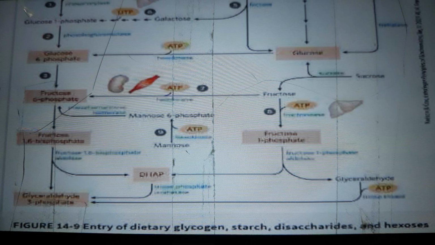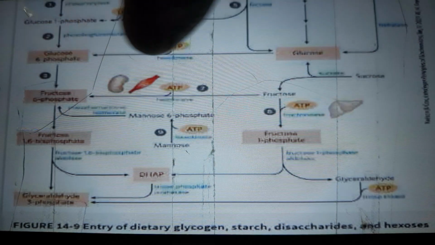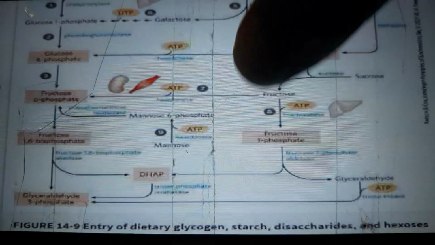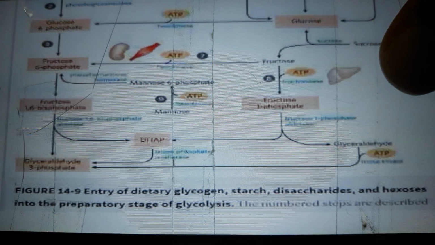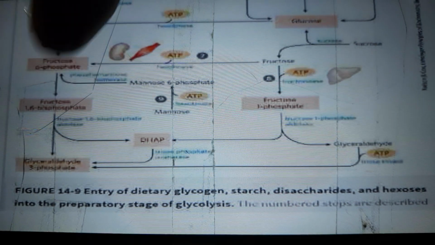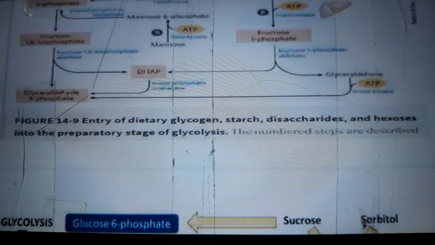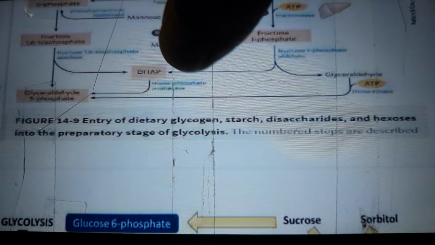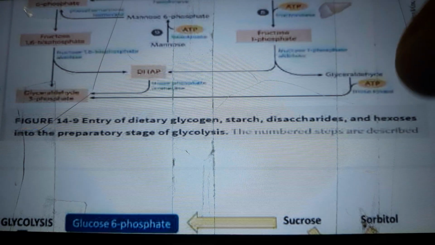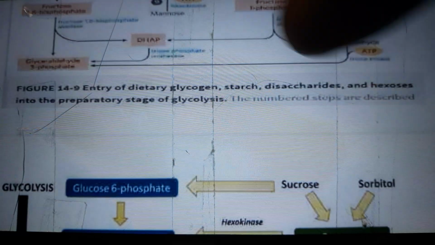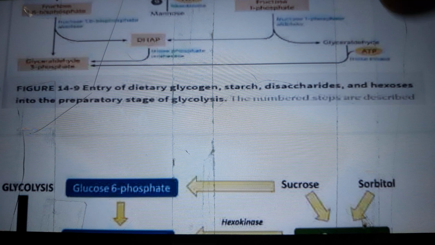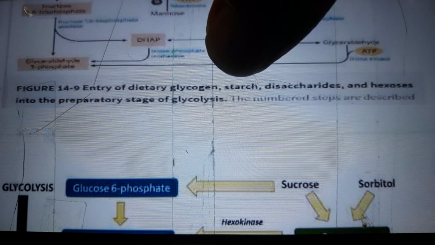Then going to fructose 6-phosphate here in the kidneys, the spleen, all these things. And next, here in the liver you have fructose 1-phosphate, fructose 1,6-bisphosphate, and finally glyceraldehyde 3-phosphate, right? Entry of dietary glycogen, starch, disaccharides, and hexoses into the preparatory stage of glycolysis.